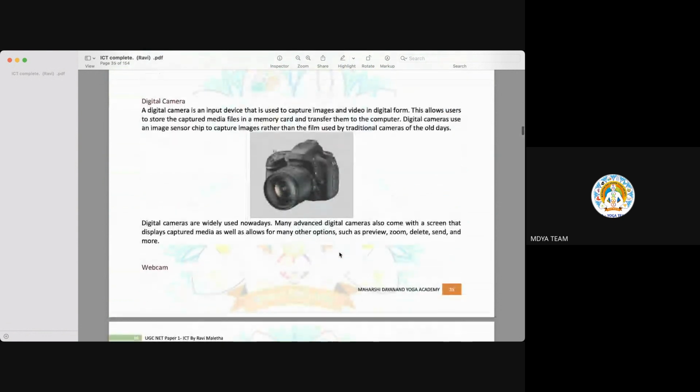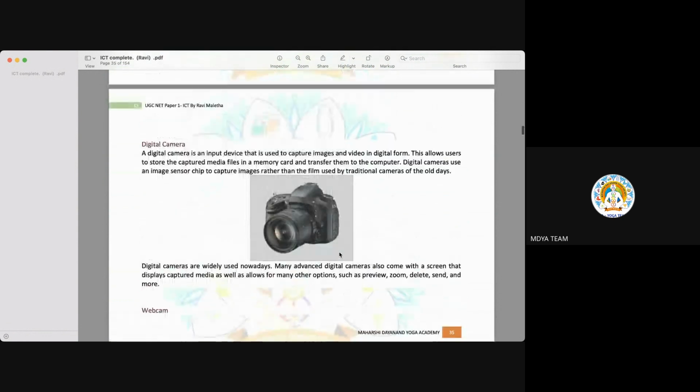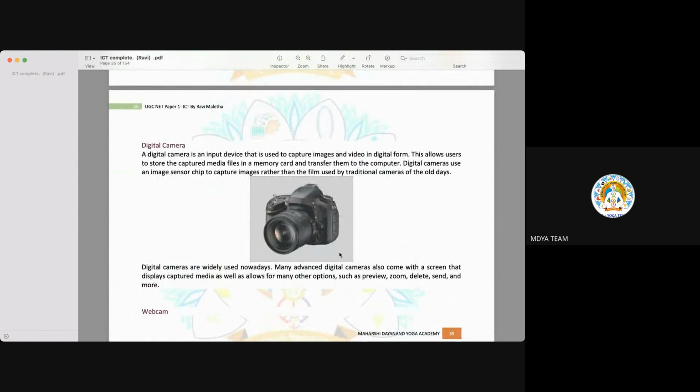Digital camera. The camera captures an image or photo, and this photo is converted into digital form. The digital camera itself processes these images and videos in digital form, and this allows the user to store and capture the media files in memory and transfer them into the computer, and then the computer can store and process them further.